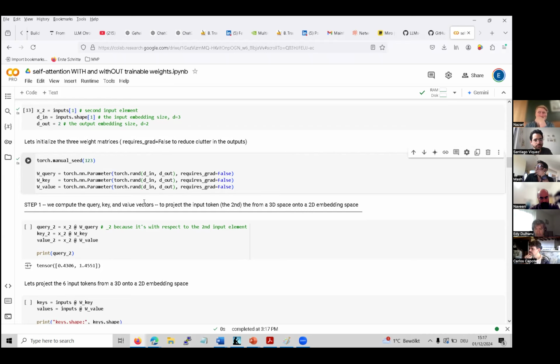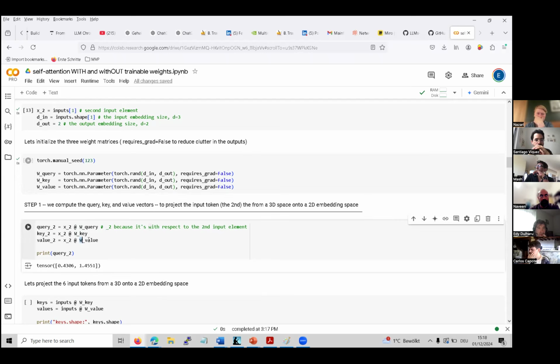If you remember from the previous discussion we had, we need to compute the values by multiplying the input with the W value matrix.